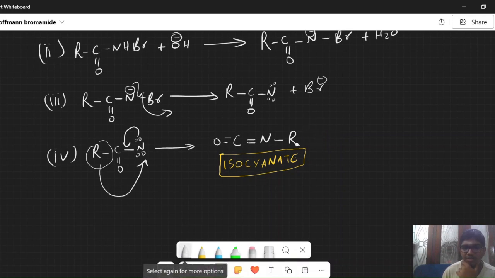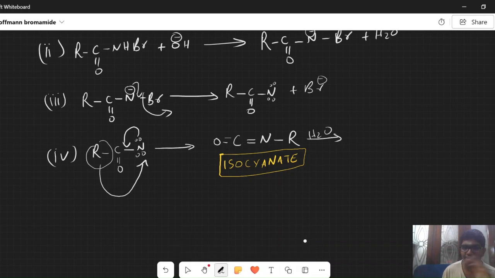Upon further hydrolysis of isocyanate, OH minus comes and attacks here, C double bond O, and another OH minus also attacks, giving us C double bond O, OH, OH, and again it tautomerizes to form CO2. I am not writing the entire mechanism here because it will become very lengthy.